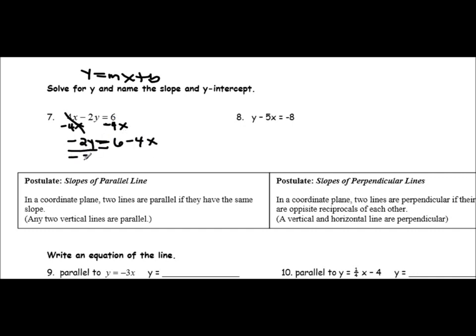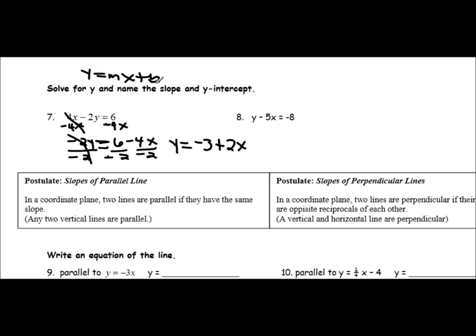Then I'm going to divide everything in my equation by a -2. That's going to give me my y value by itself. That goes to 1, so I have y equals 6 divided by -2 is a -3. -4 divided by -2, negative and a negative is a positive 2x.